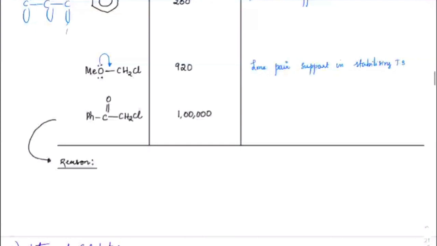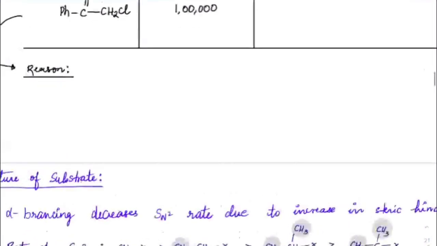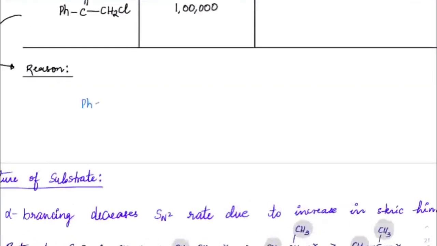Okay, here what is happening, you can check out. We have phenyl, then C double bond O with CH2 and Cl. This is how it is, correct? At the very start of the lecture, I told you that when you have C double bond O, then the pi star orbital would be the LUMO for that C double bond O. And for the CH2, we have sigma star.